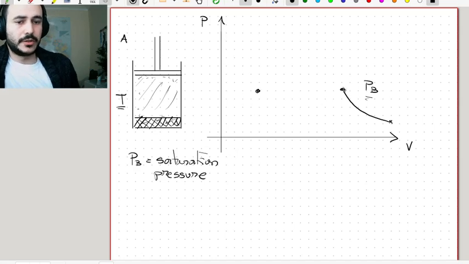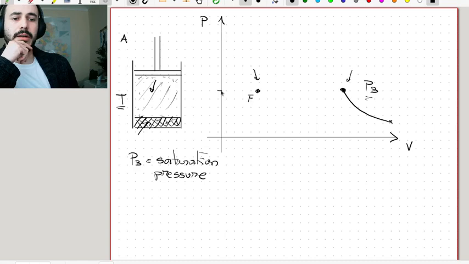Okay, so while this point here in the graph represents what the gas is doing, so this represents this part of the system, this other point here represents what happens to the liquid. Okay, it is at the right pressure, which we are going to call this point here F for reasons that are going to become clear later, and this pressure is the same in both cases, but the molar volume is different.